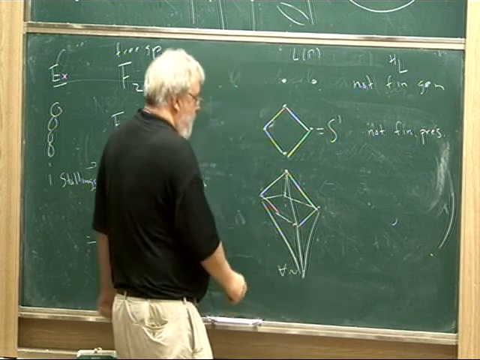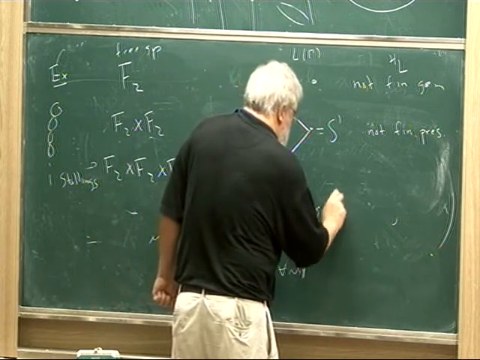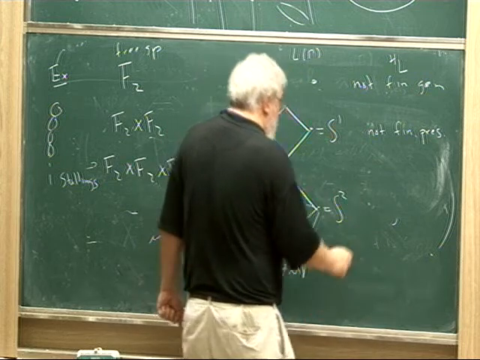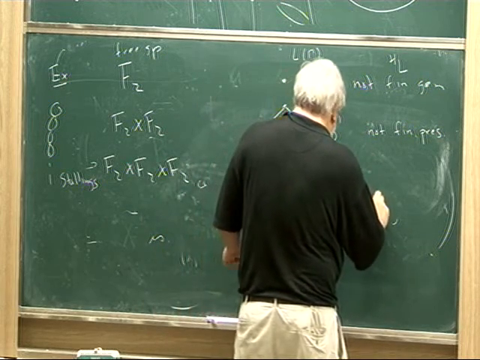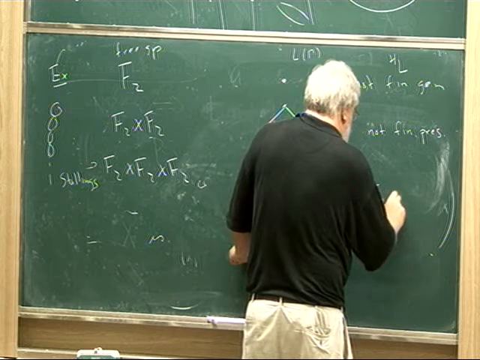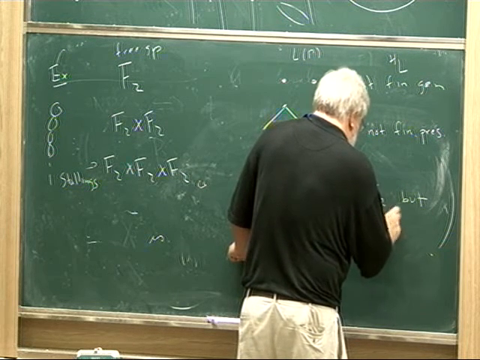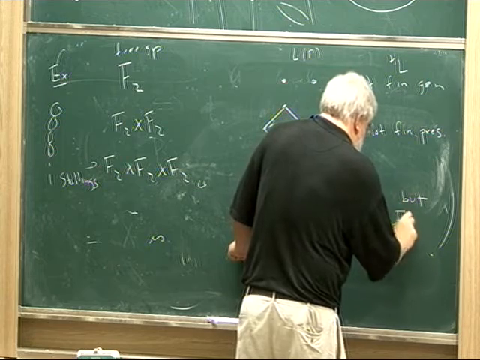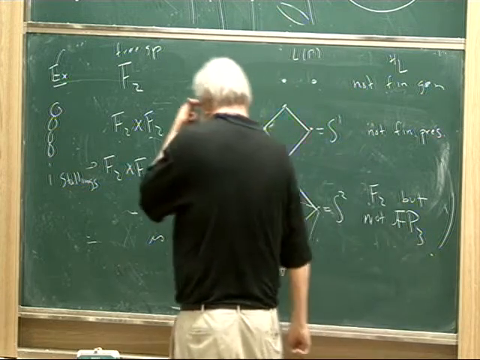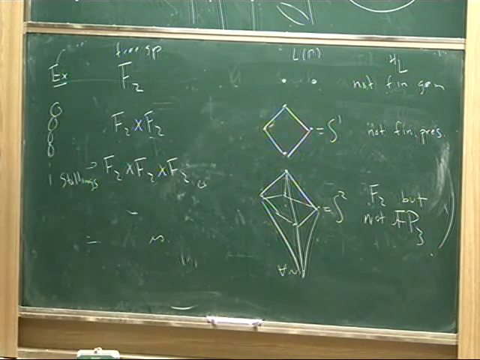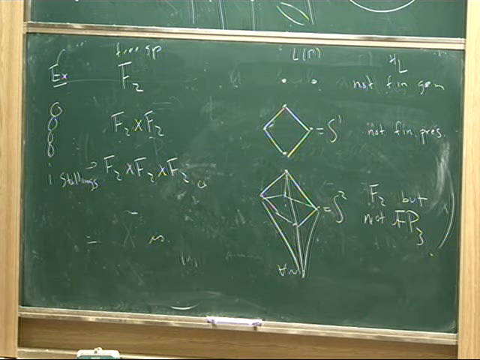That's supposed to be an octahedron. In any case, it's a triangulation of the two-sphere, and this turns out to be F2, but not F3, or not FP3. That was like the first example of a group that had that property.